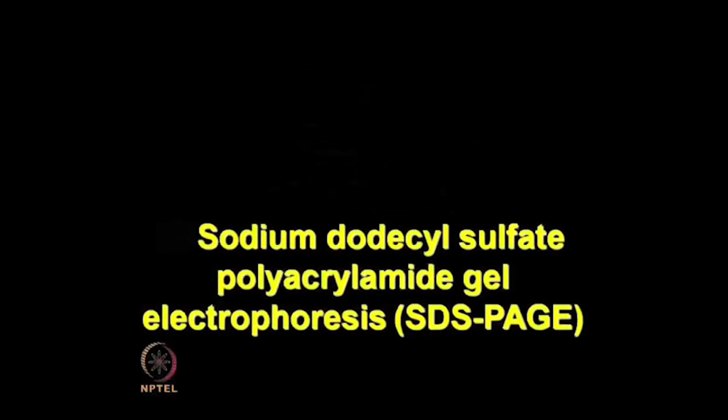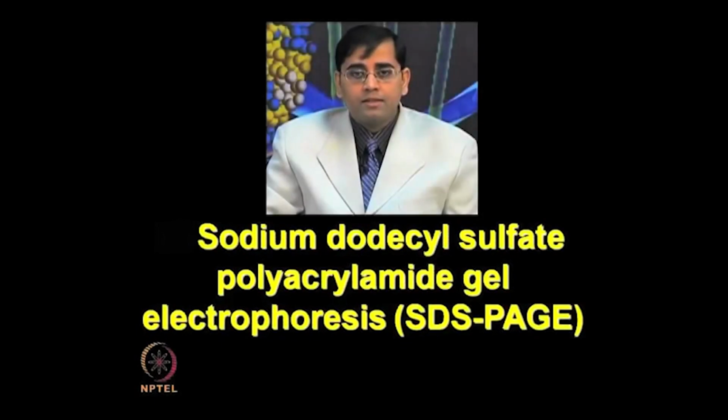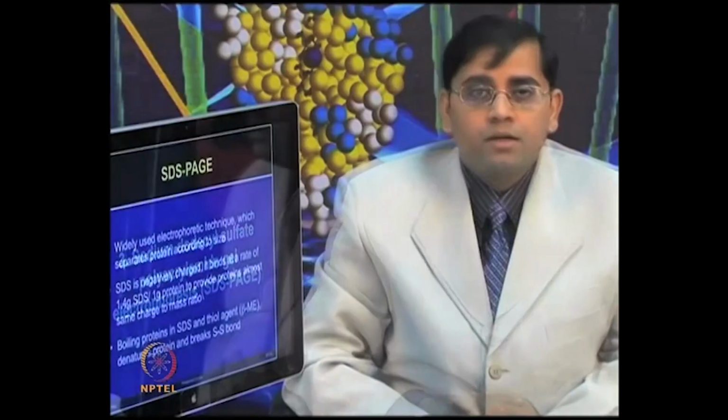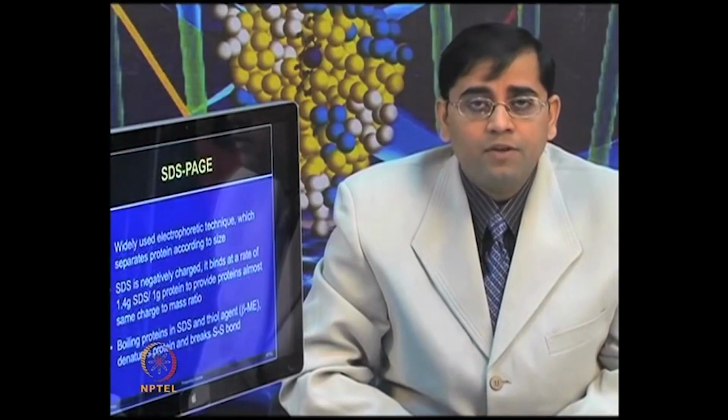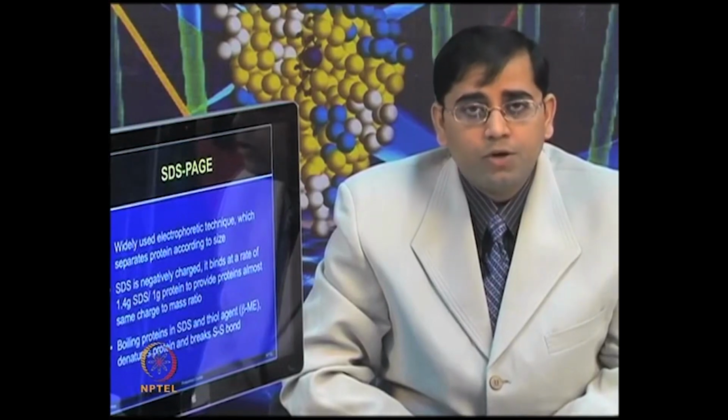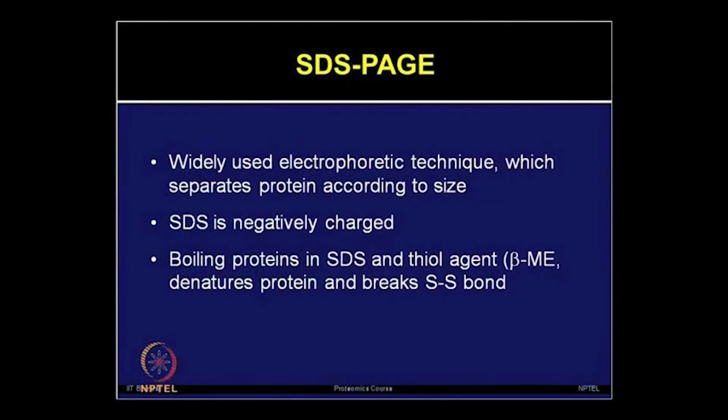Now we can talk about how to perform sodium dodecyl sulfate polyacrylamide gel electrophoresis or SDS-PAGE. SDS-PAGE is one of the very widely used electrophoretic techniques which separates proteins based on their size or molecular weight.